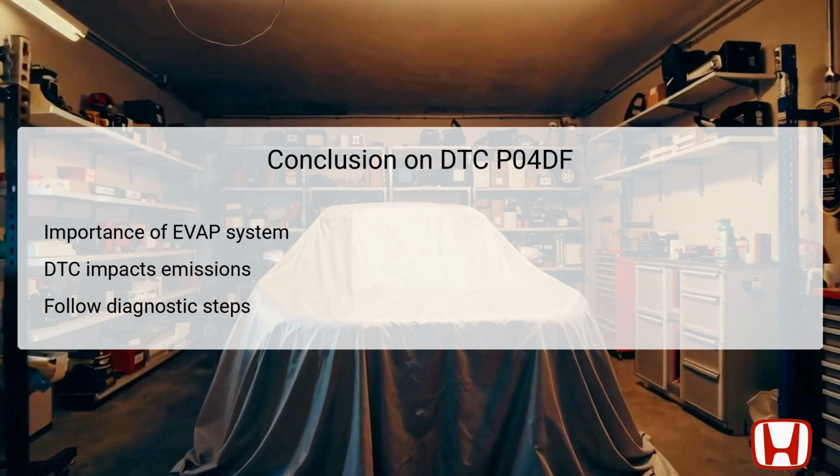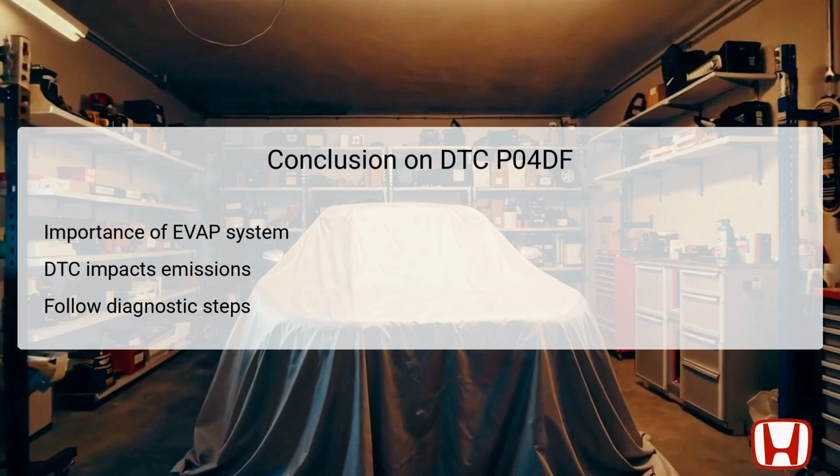In summarizing DTC P04DF, the EVAP system plays a crucial role in maintaining vehicle emissions within legal limits. Understanding this system is imperative, as any issue can adversely affect environmental compliance and vehicle performance. Effectively diagnosing and resolving DTC P04DF involves a structured approach, including confirmations, component inspections, and thorough troubleshooting steps.